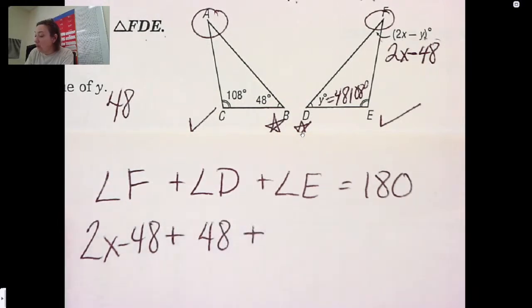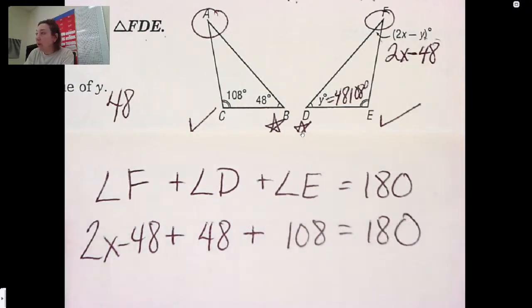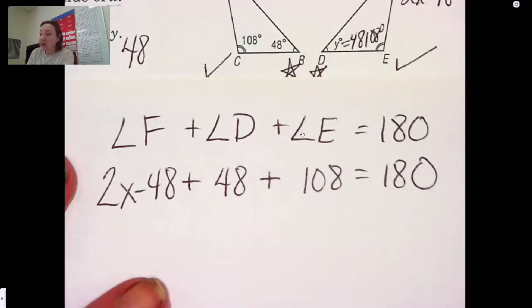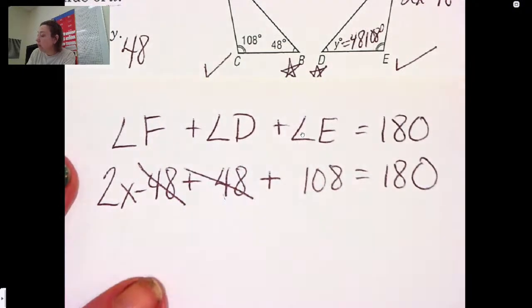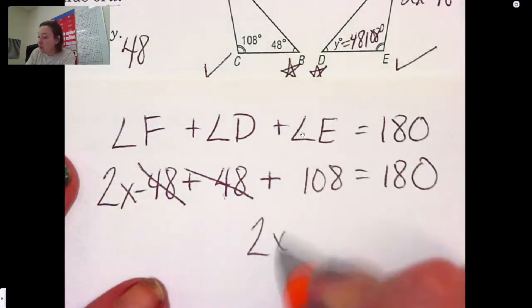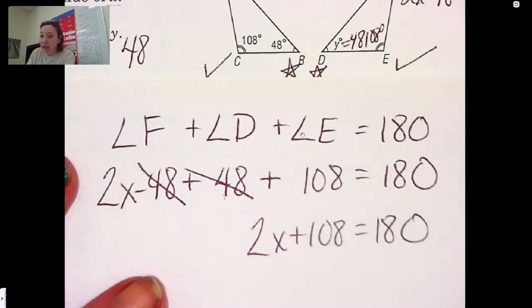And we know that angle E is 108. Right? Can we solve that? Yeah. So first thing that jumps out at me, y'all see them two 48s there? One's a positive, one's a negative. They cancel out, right? And so then we're left with 2x plus 108 equals 180. What do we do next?